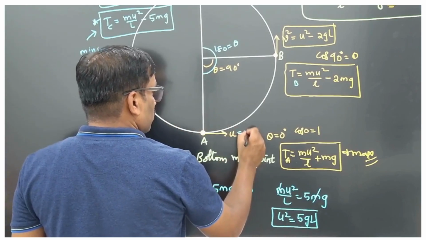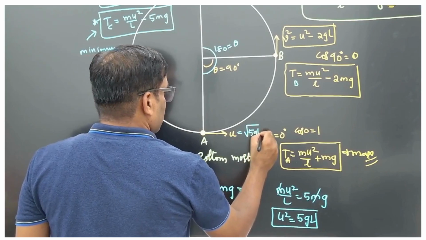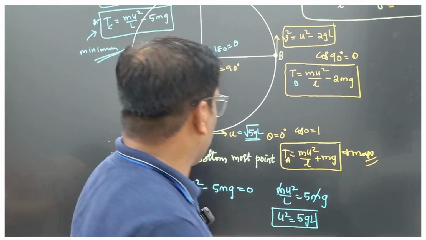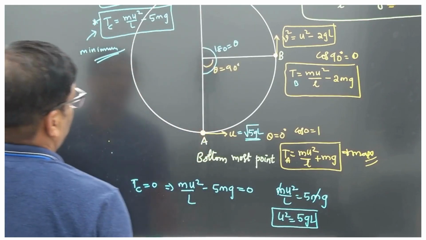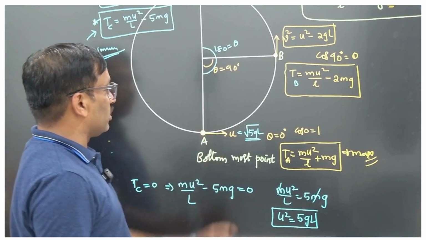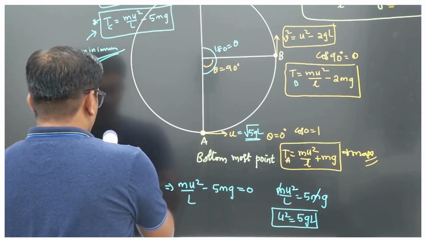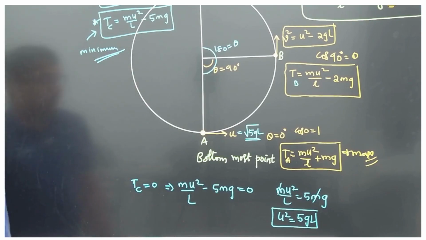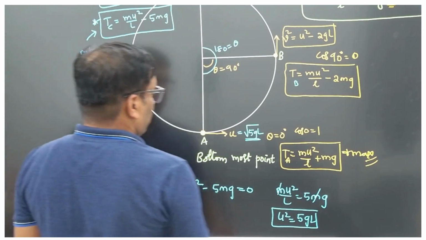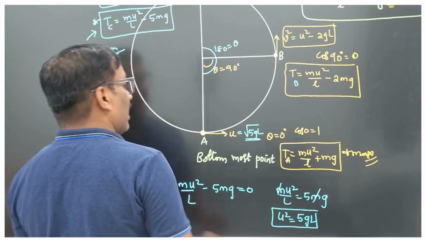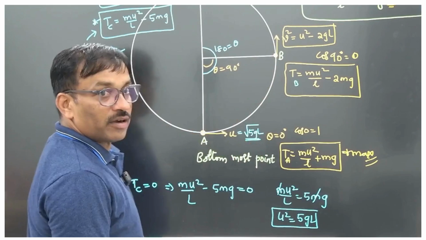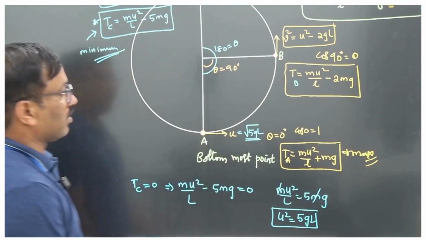U is equal to square root of 5gl. Clear? So we need to provide minimum speed at the bottommost point, u is equal to square root of 5gl, right? So this is the condition. More than this is okay, but less than this, it will go somewhere and again come back. It will not make a complete circular path.